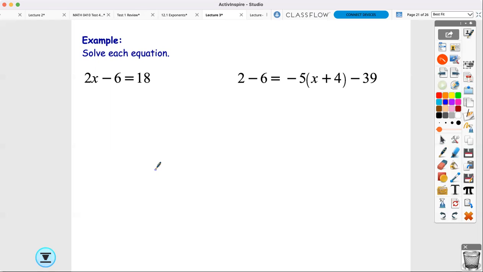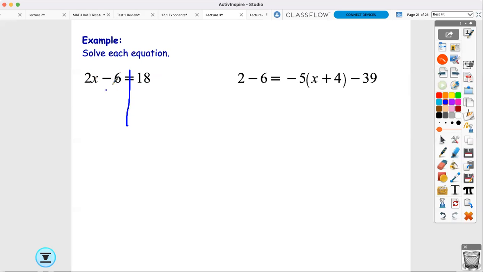So take a look at the left equation, 2x minus 6 equals 18. Our objective is to get x alone, right? So draw a line down the equal sign. Now, whenever you have two things around the x, like a number next to it and then a number added or subtracted, you always want to do the subtracting or adding first. So like the numbers away from x, right?